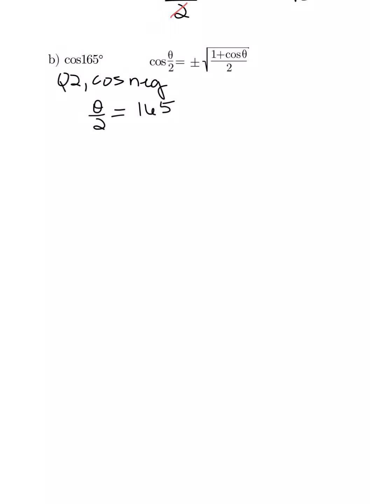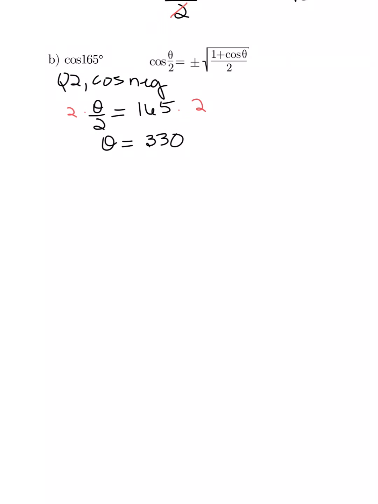To solve this, we need to multiply both sides by 2. If we do this, we get theta equals 330. 330 is an angle measure that's on the unit circle. So that's what we're going to use in our formula.